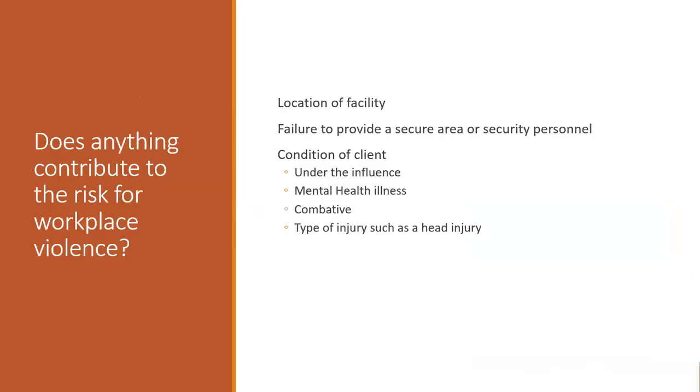Okay. Does anything contribute to the risk for workplace violence? We want to think about where we're located. The example I always give is, for the most part, healthcare facilities want their employees to park away from the facility, not close up, not in the best parts. What that does in itself is it can put us at risk for something happening to us as we travel from the designated parking area to the actual facility.